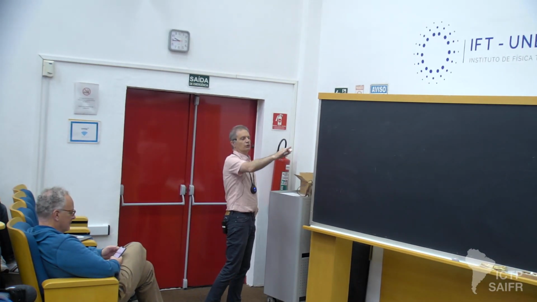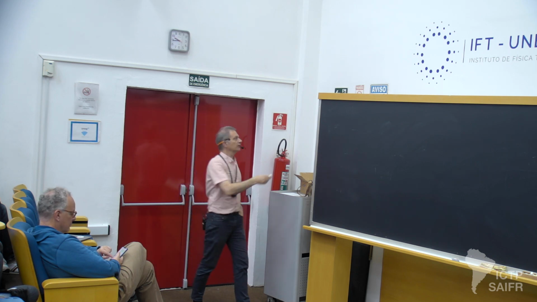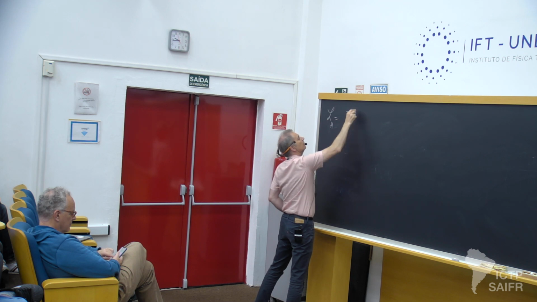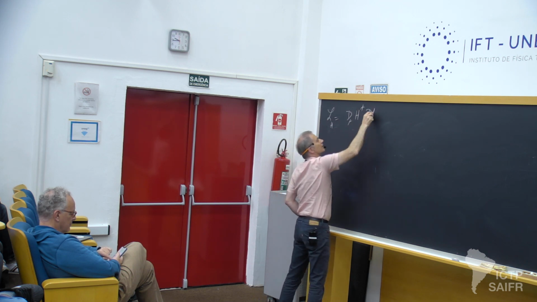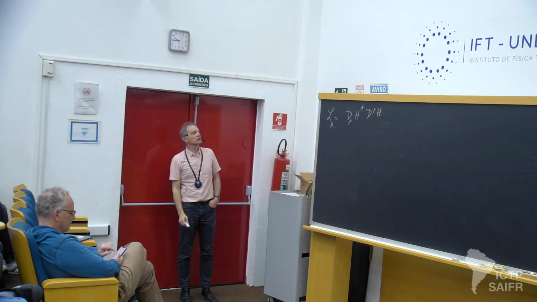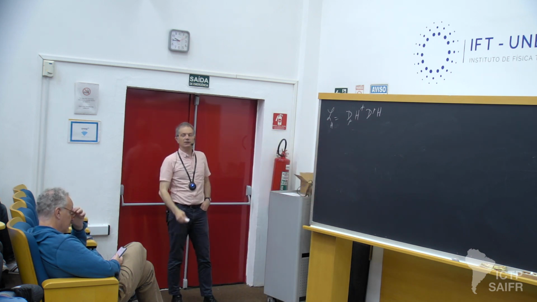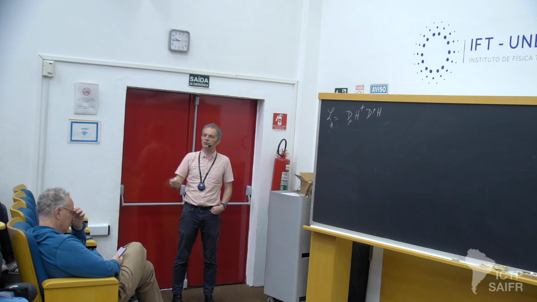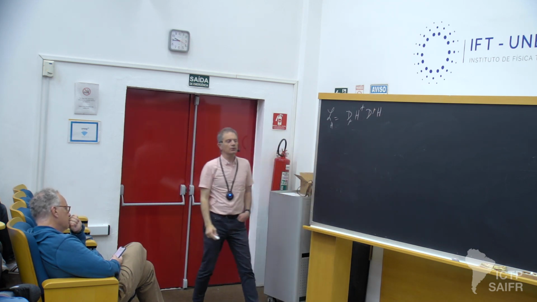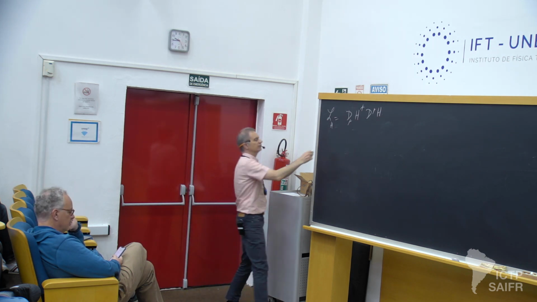So we have introduced a scalar field, the X field, and now we need to look at the kinetic term for this X field. We need to write a kinetic term for the X which is invariant again under SU2 cross U1. But that's easy. The only thing you need to do is introduce the covariant derivative. You replace the space-time derivative by the covariant derivative, which introduces some interaction of the X field with the gauge bosons. Since we know how the X transforms under SU2 cross U1, we can easily write explicitly this covariant derivative.